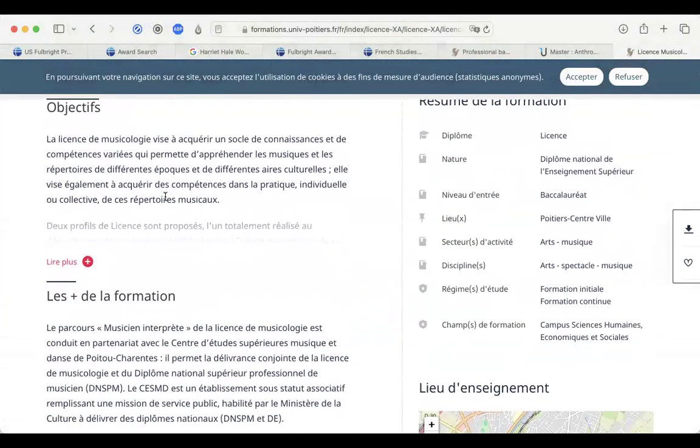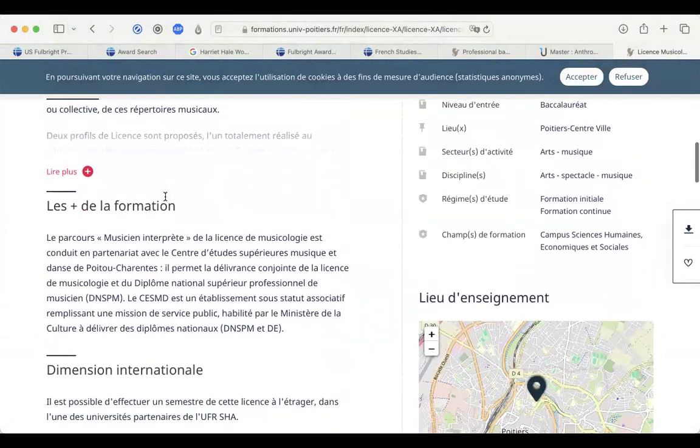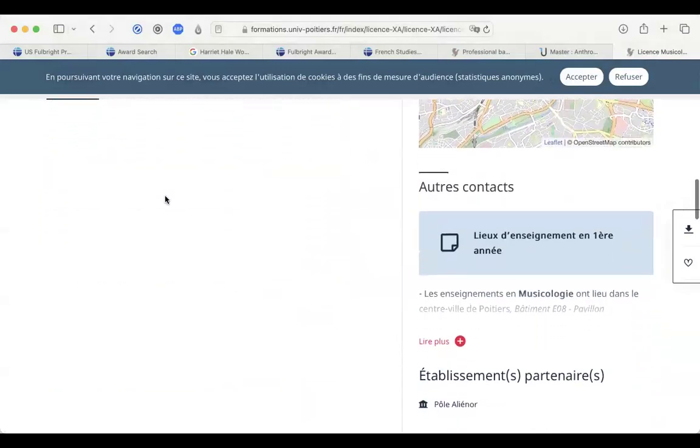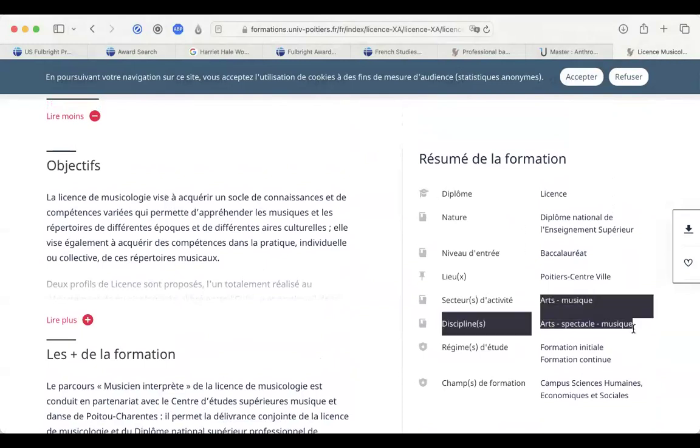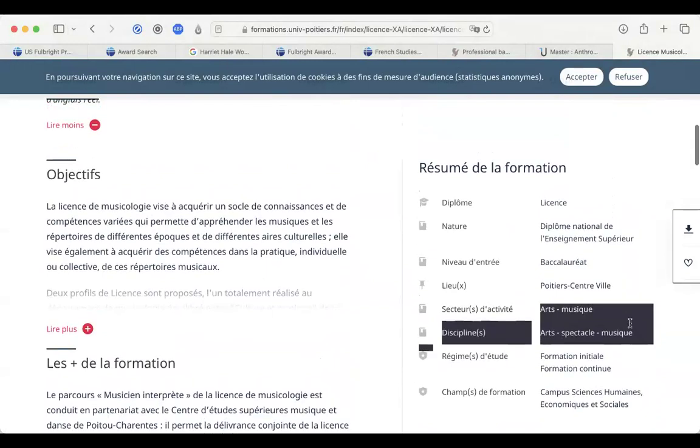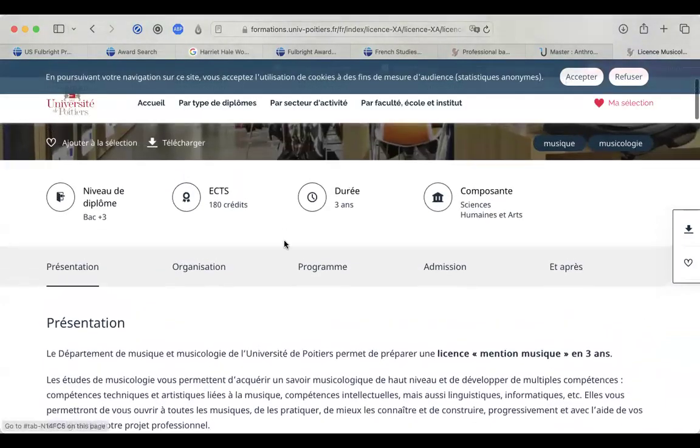And so we have a program that is offering a degree. And if it's not offering a performance thing, that actually might be even better because you could be creating opportunities, especially because they list here that music, spectacle, arts, performing arts are part of what this is training students in.